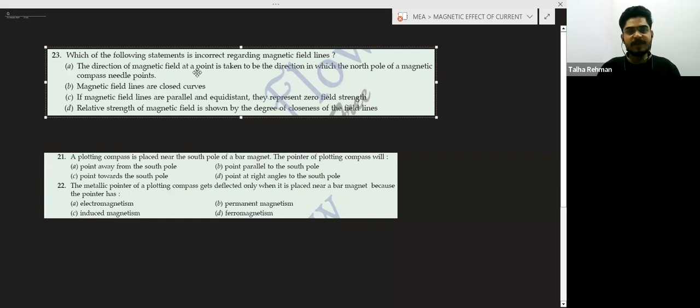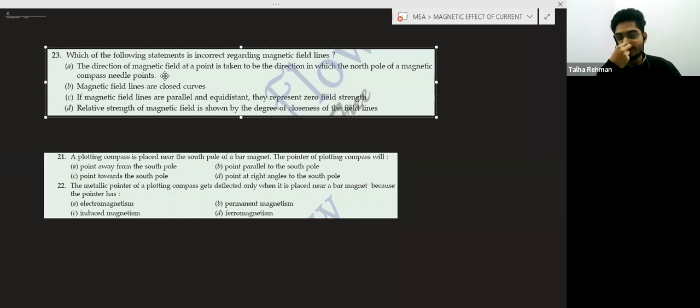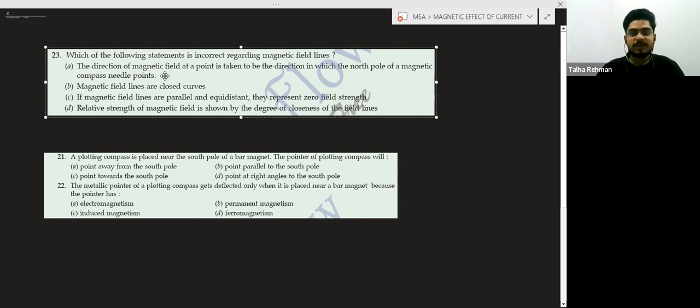So the direction of the magnetic field at a point is taken to be the direction in which the north pole of a magnet compass needle points. So this answer is right, because I told you that wherever you want to find the direction of the magnetic field, assume there a north pole and calculate the direction of the total force there, and that direction of the total force will give you the direction of the magnetic field at that point.